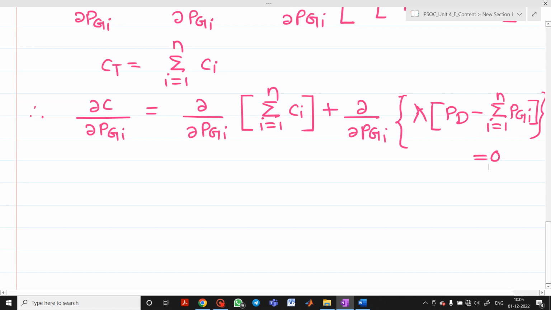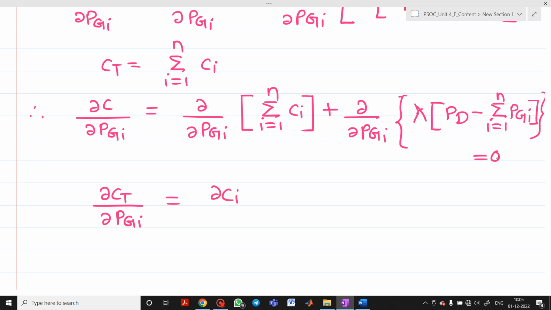Now if you see, the cost of the plant Ci depends upon its own output PGi. So can I write it like this? ∂Ct upon ∂PGi I can write as ∂Ci upon ∂PGi, because the cost of each and every plant, unit 1, unit 2, unit 3, up to unit n, depends upon its own output, how much power it is going to produce, and that also depends upon the load demand.